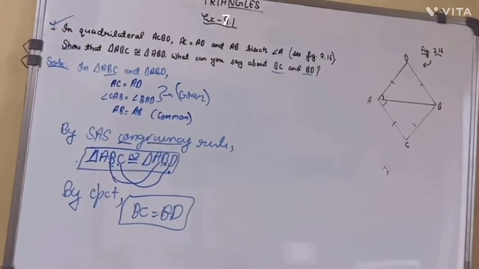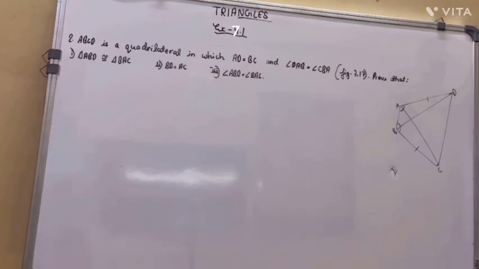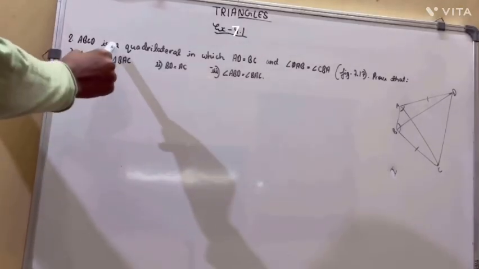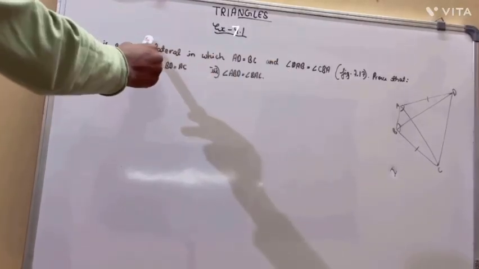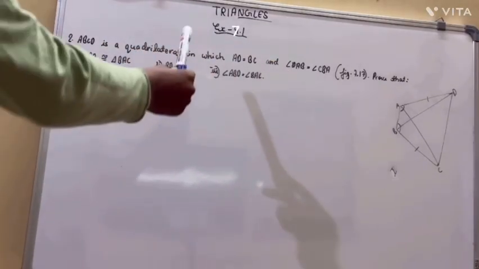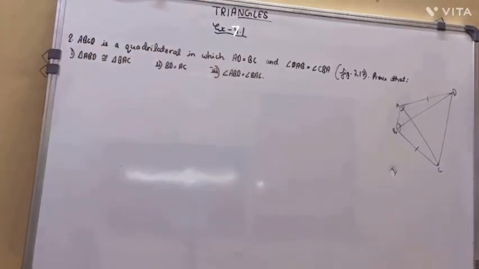Now I am moving towards the next question. You can write this question. Our second question says ABCD is a quadrilateral. If you can't see the diagram and this question, you can open your book, exercise 9.1 second question.